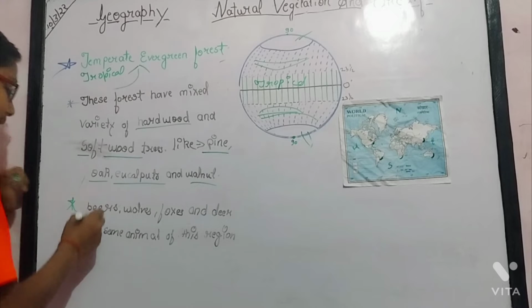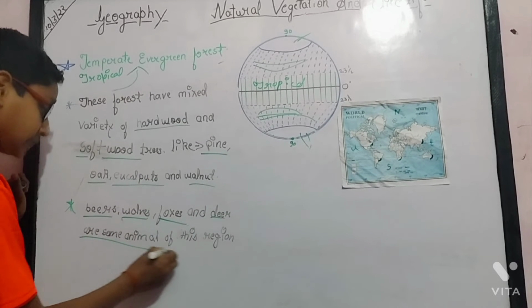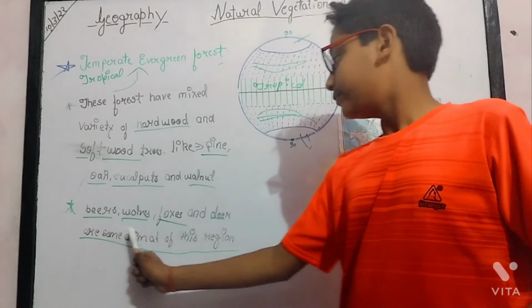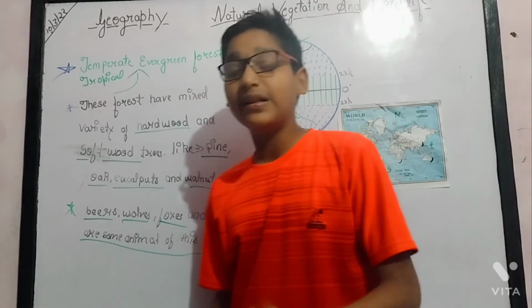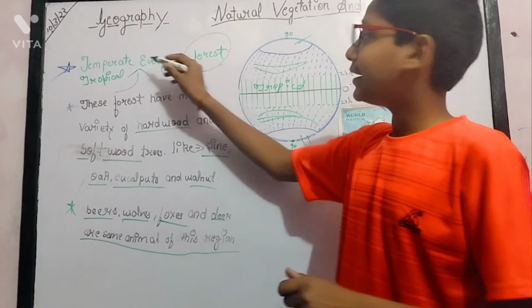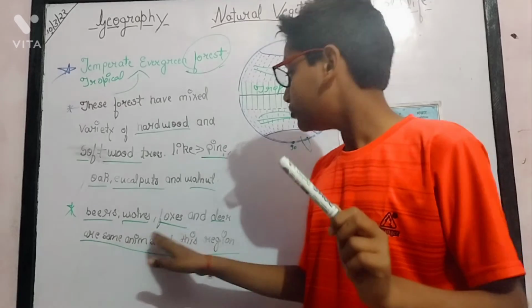And bear, wolves, fox and deer are some animals of this region. Bear, wolf, fox and deer are some animals of the temperate evergreen forest.